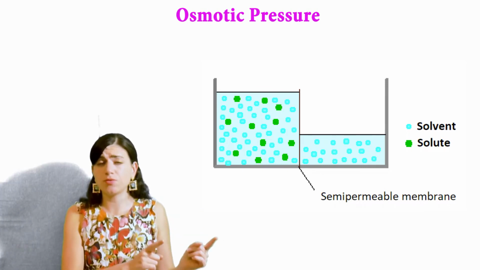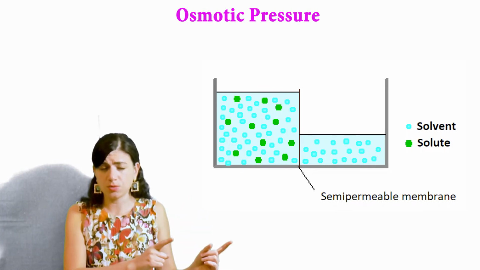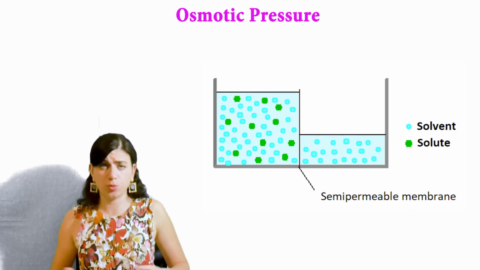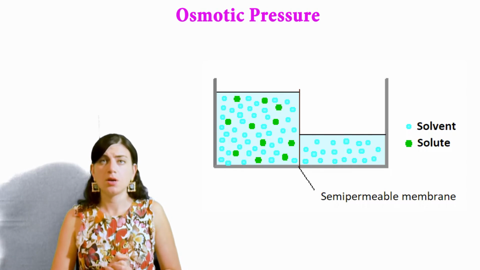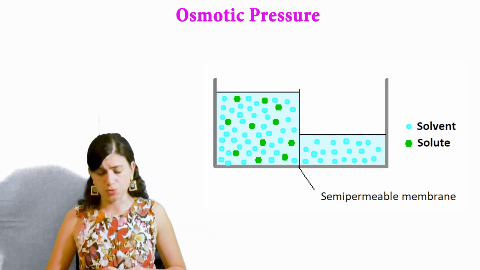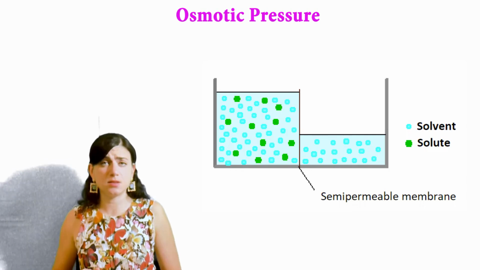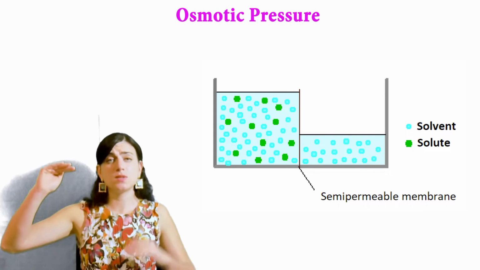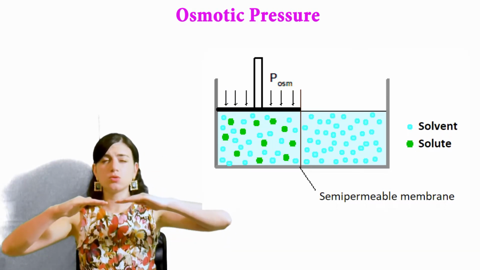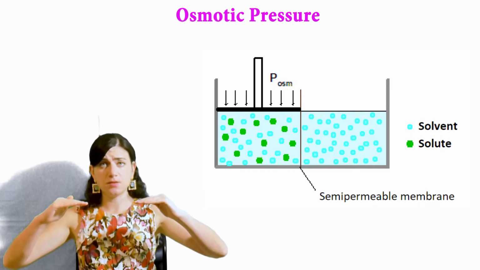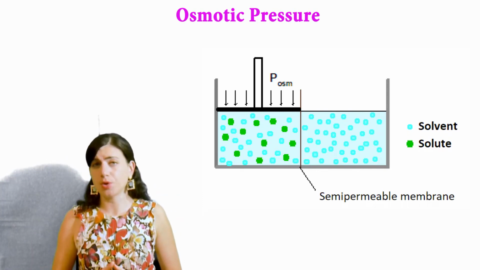So the concentration of solvent inside the solution is less compared with the concentration of the pure solvent, of course. That's the reason why the solvent is going inside the solution. It's the same principle as gaseous diffusion. Now, the pressure we have to give to the system in order to stop the formation of this difference in height is called osmotic pressure.